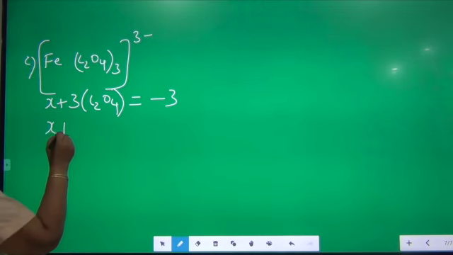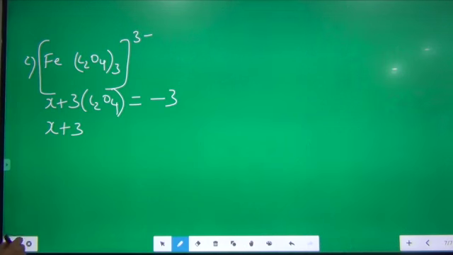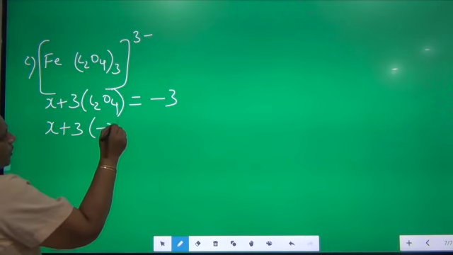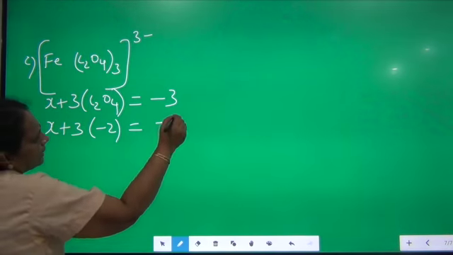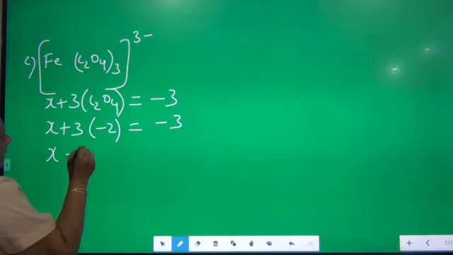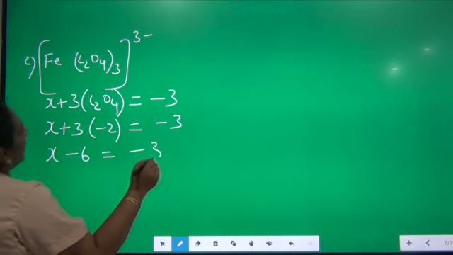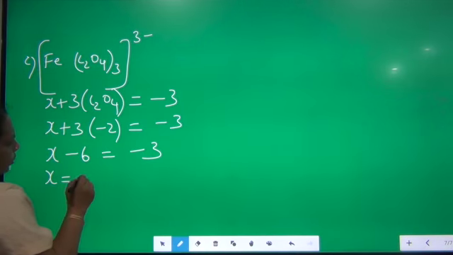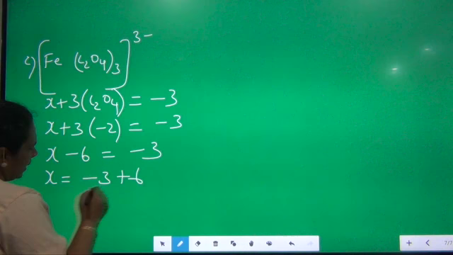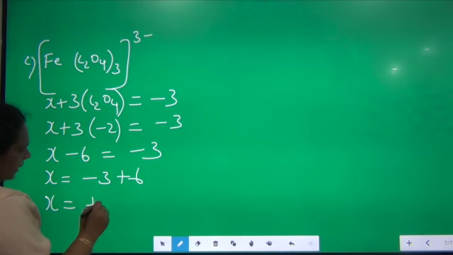So X plus 3 into, for 1 oxalate it is minus 2. There are totally 3 oxalate ions, so 3 into minus 2, that is equal to minus 3. So X minus 6 is equal to minus 3, therefore X is equal to minus 3 plus 6, therefore X is equal to plus 3.